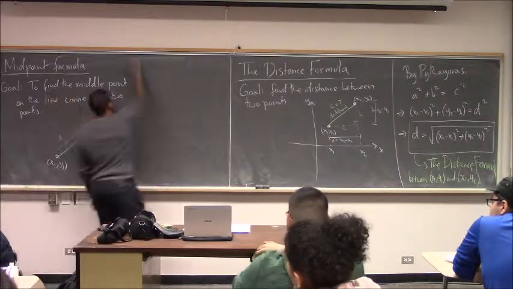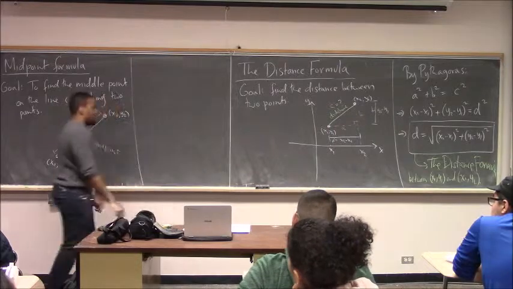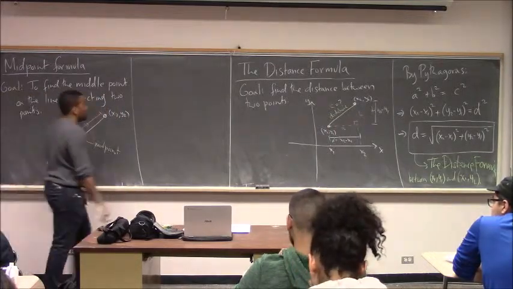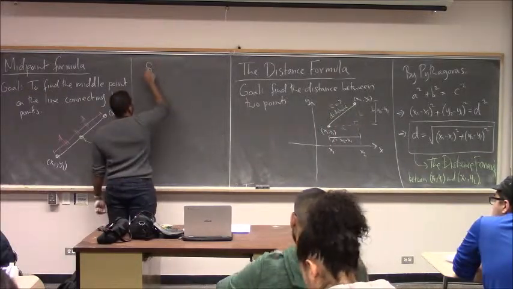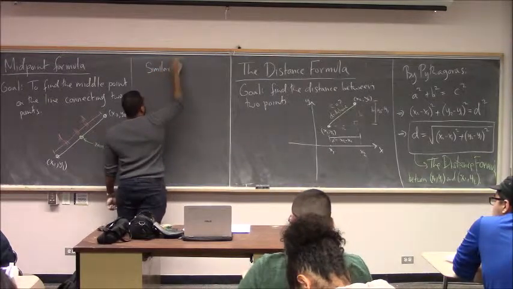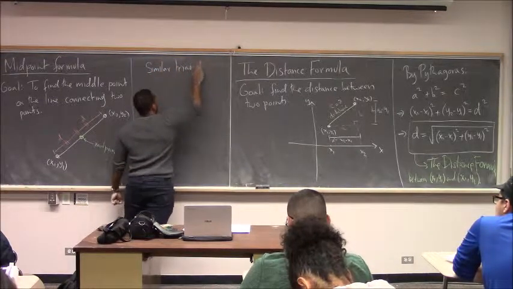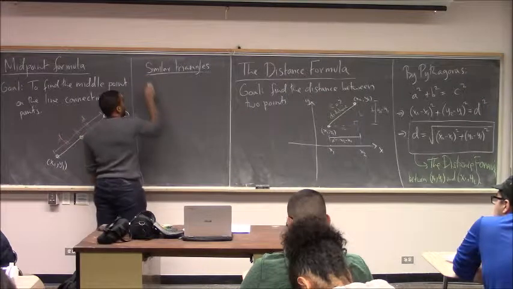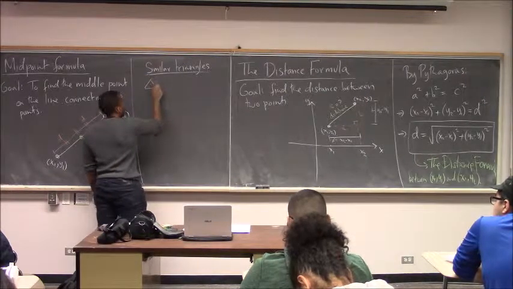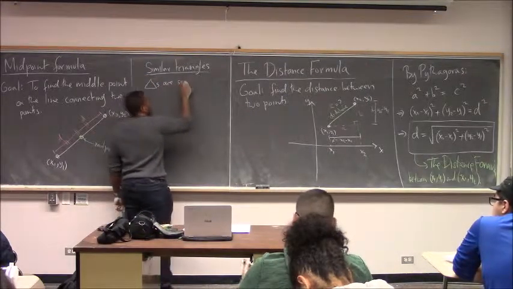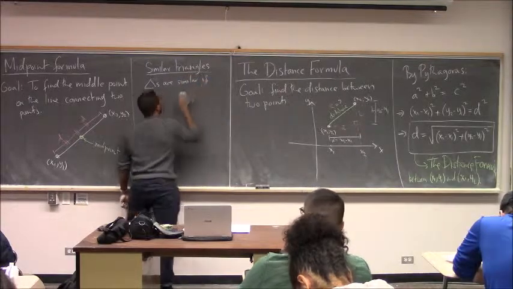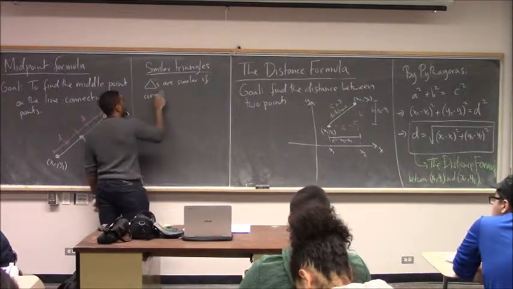For that we need, so remember a little thing about similar triangles, which I'll just mention. Similar triangles. Triangles are similar if corresponding sides are proportional.